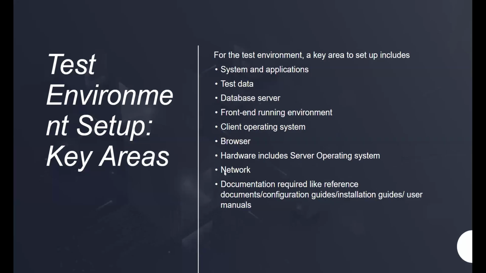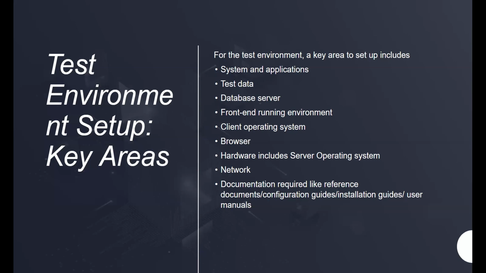All right, so for the test environment, a key area to set up includes systems and application, and the test data. That's the data you use to carry out the test. For now, the one you were trying to do on that Amazon, it was my email address that was the test data. But these people will come up with the test data to be used because the application is not yet live. So they need to curate or create an email and create a password, based on the environment that they have created.